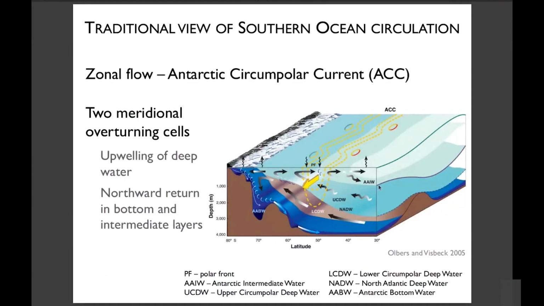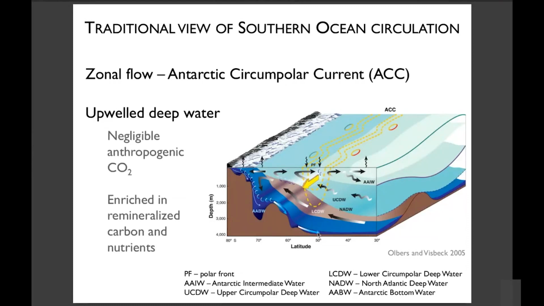But in a 2D, zonally averaged sense, the circulation is shown in this depth-latitude picture. It's comprised of two meridional overturning cells that are linked by an upwelling of deep water. So the upper circumpolar deep water, lower circumpolar deep water, all these deep waters get upwelled in the Southern Ocean and are returned north as Antarctic Intermediate Water in the upper and intermediate layers, or as Antarctic Bottom Water.